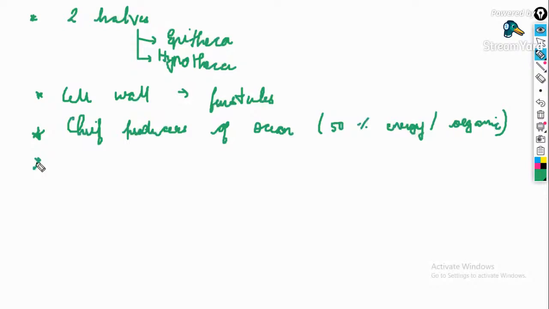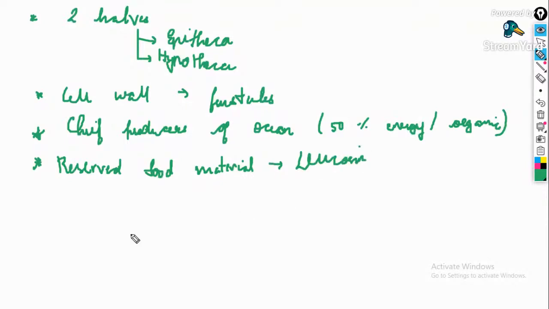Then, reserved food material for diatoms. Food is stored in the form of leucosin. Is that clear? Then, asexual reproduction by means of binary fission.